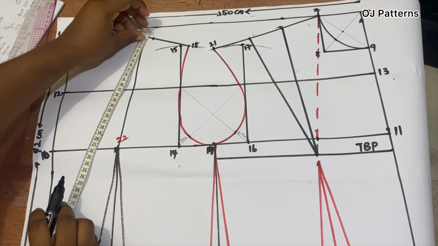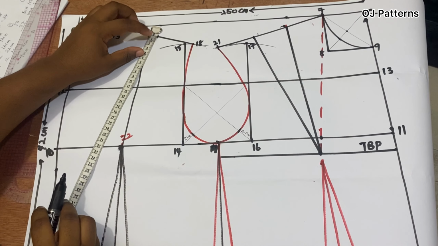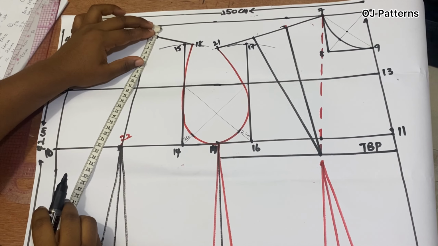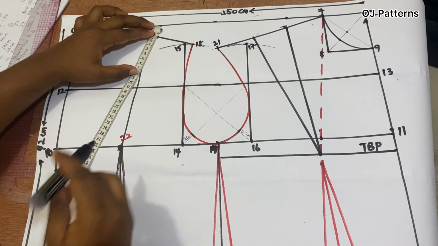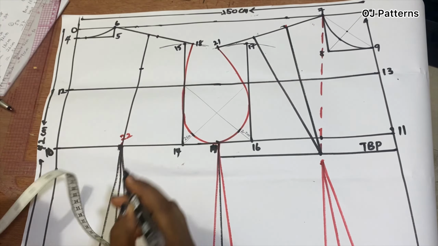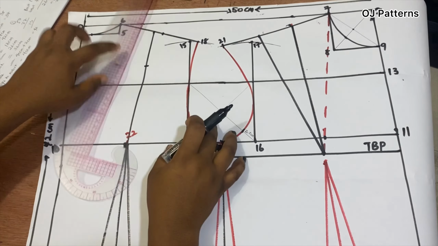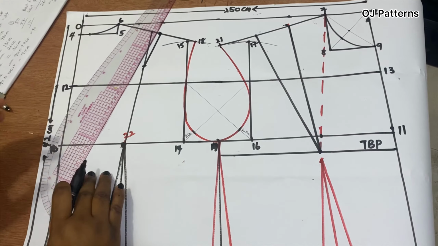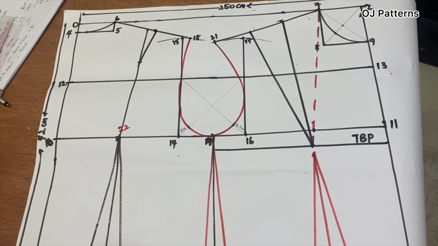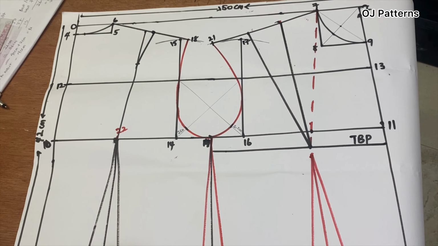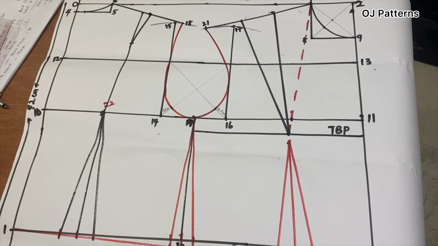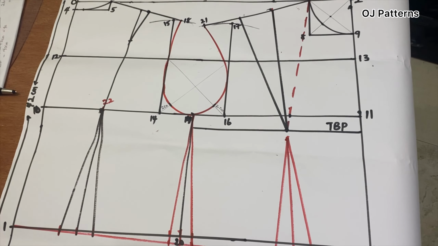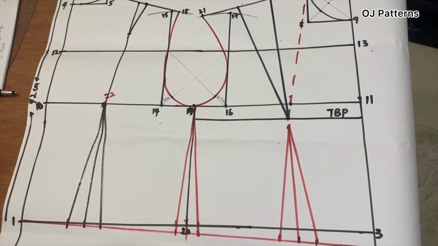Now, your shoulder dart length is 7 cm for the back. So, you place your tape from the 1.5 width to stop at 7. This is it. And this is it for this basic body size 14.